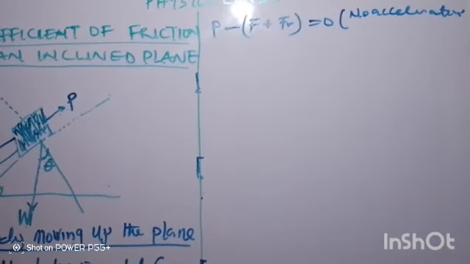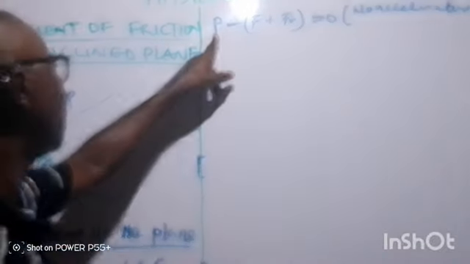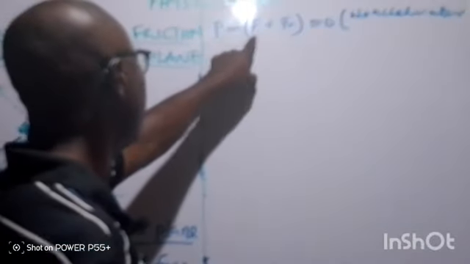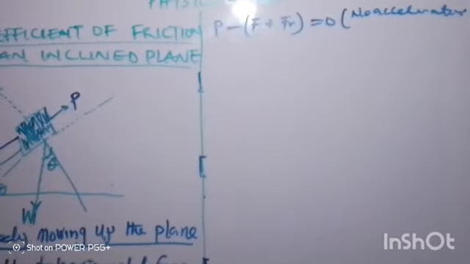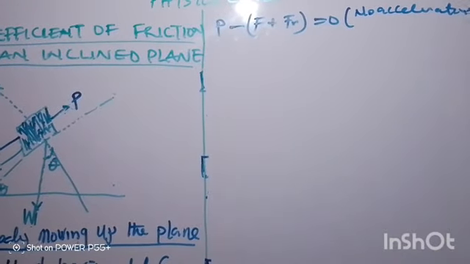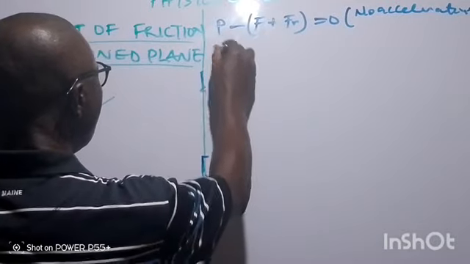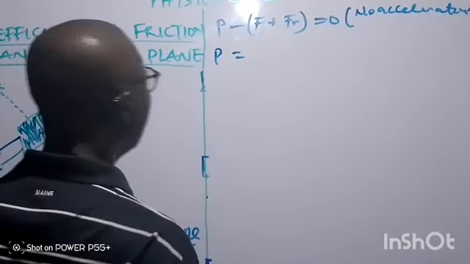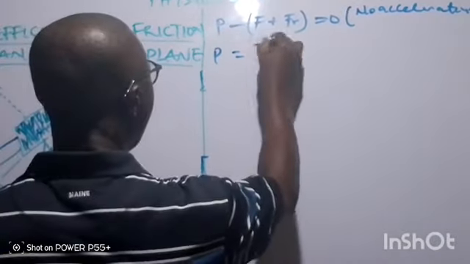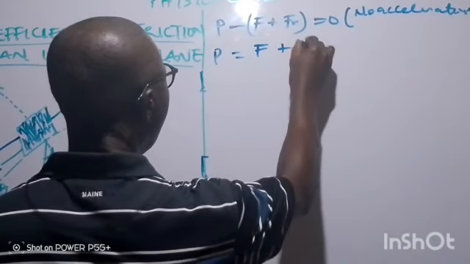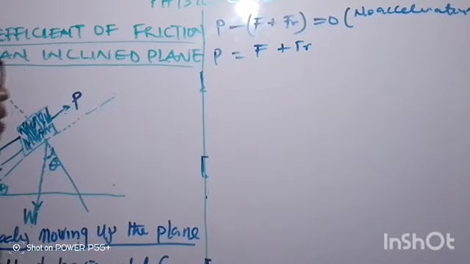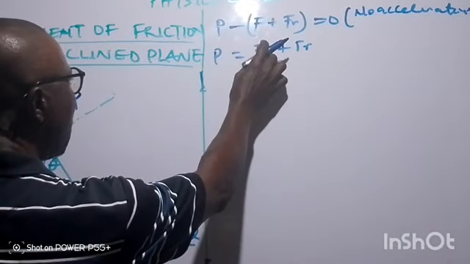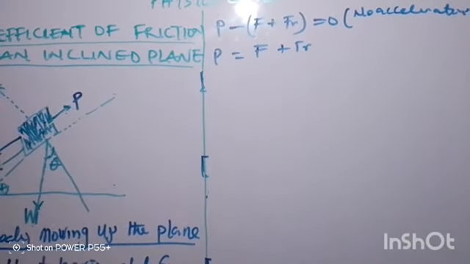Why is it plus? Because they face the same direction. And from this, P will now be equal to F plus Fr.